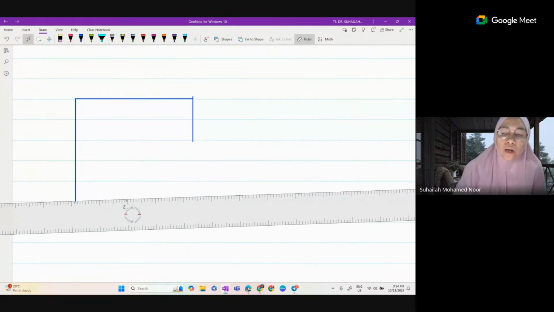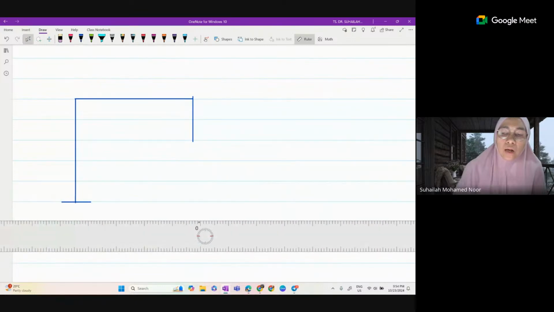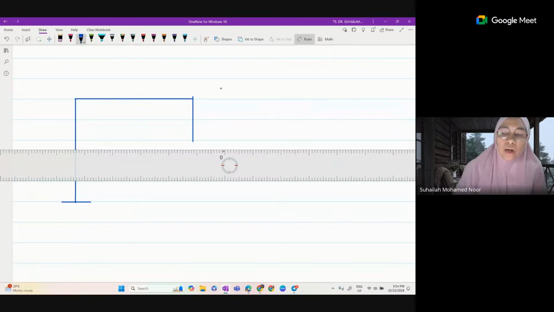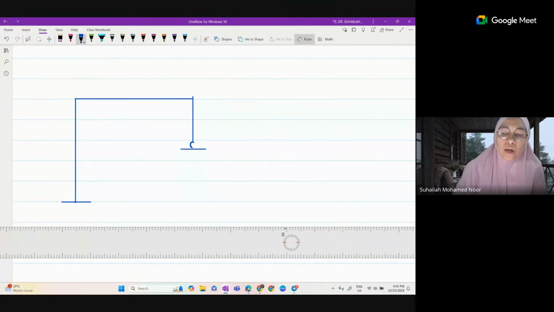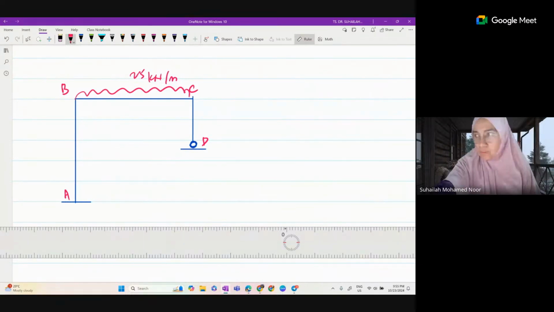Fixed at A and roller at D. This is A, B, C, and D. Let's say BC has a UDL of 25 kilonewton per meter.